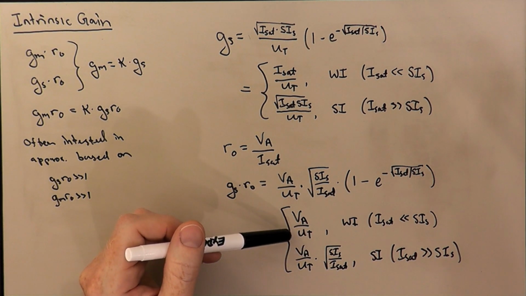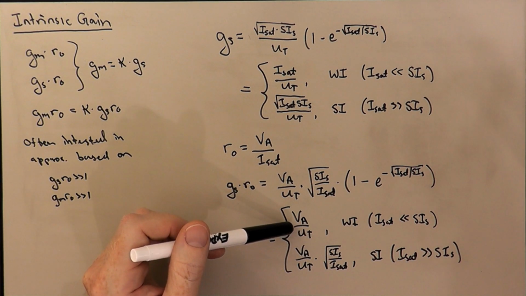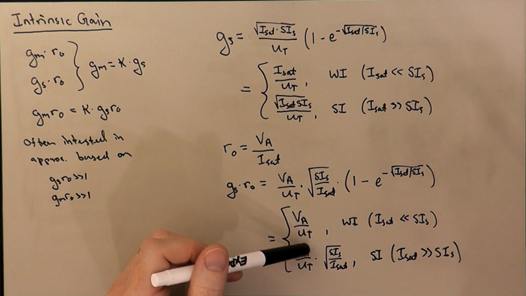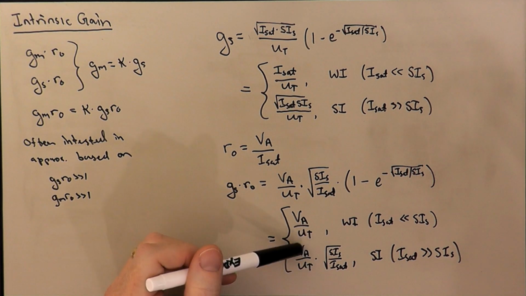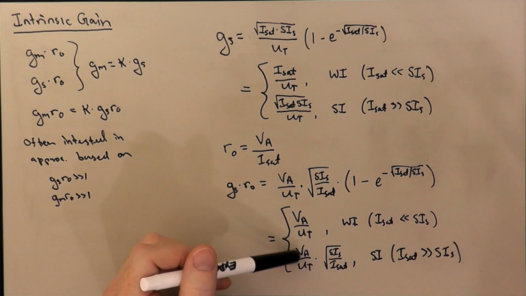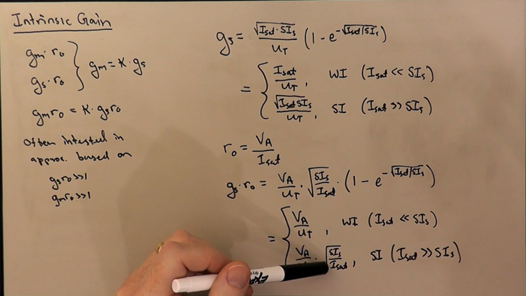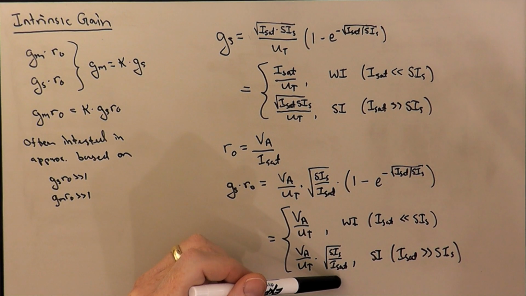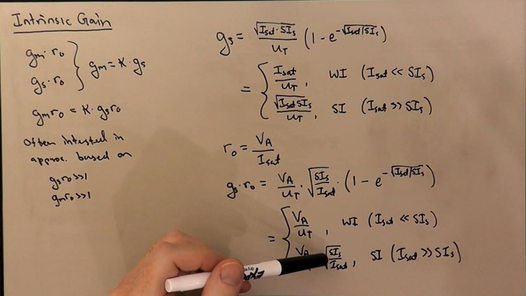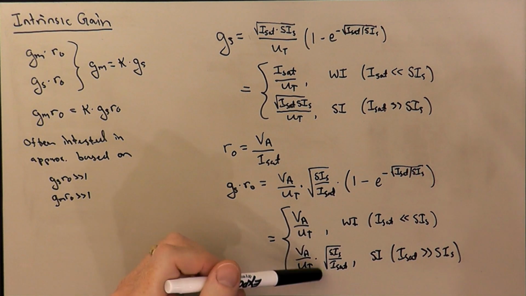That's roughly 60 dBs expressed in decibels. And in strong inversion, we have that same prefactor, say a factor of 1,000 or something, but it falls inversely with the square root of I sat. So the further above threshold we go, the less the intrinsic gain of the transistor is.